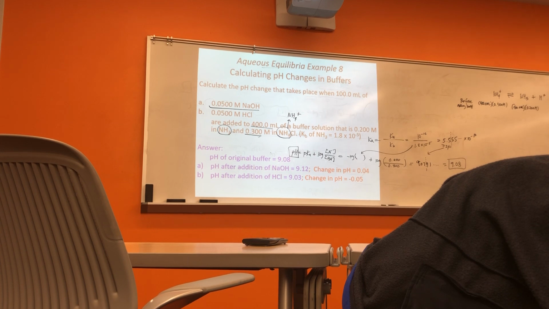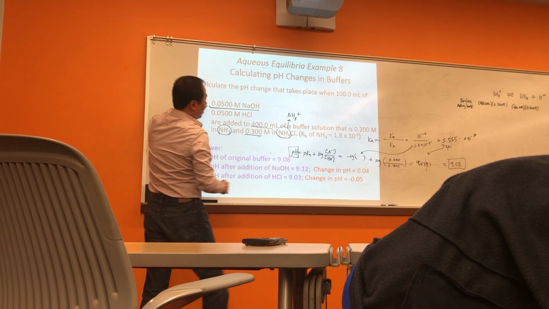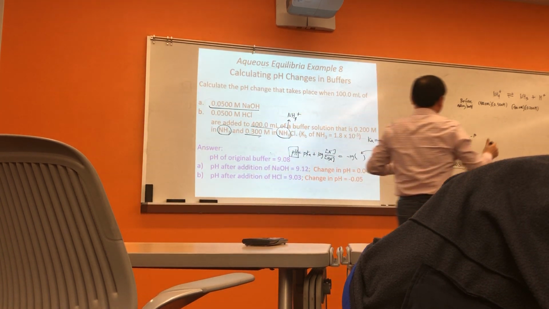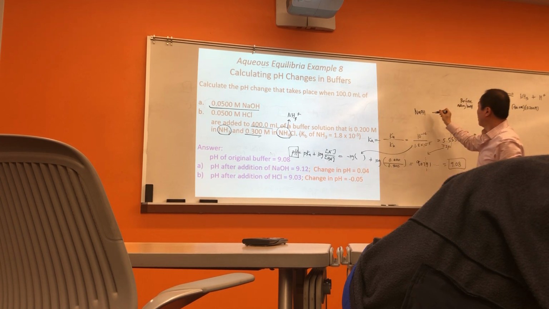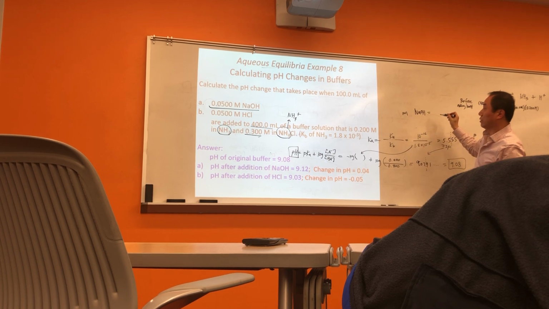Okay. Now we are adding NaOH. How much? 10 milliliter of that concentration. So the base, we are adding more hydroxide, 100 milliliter times 0.0500.